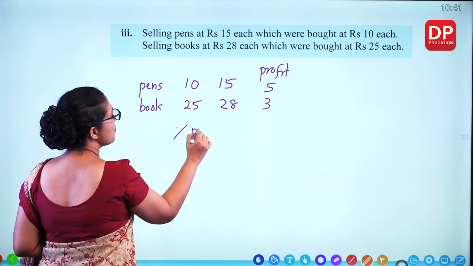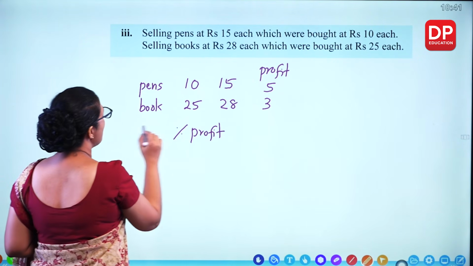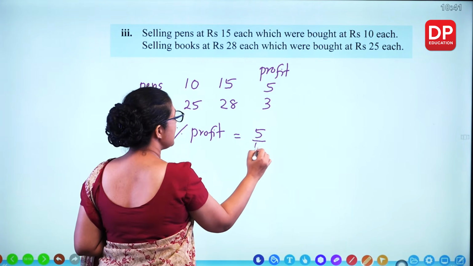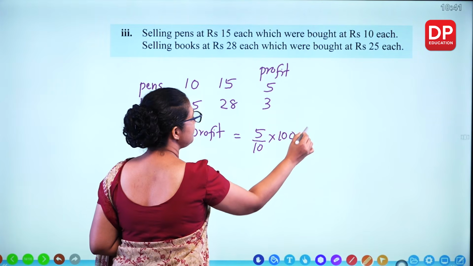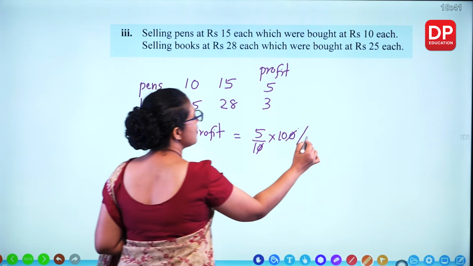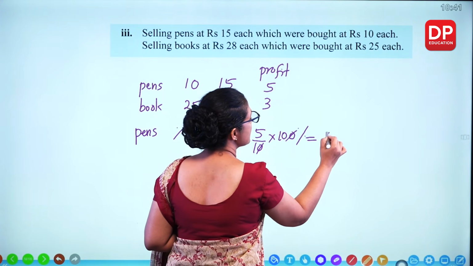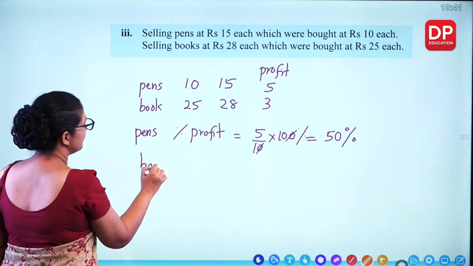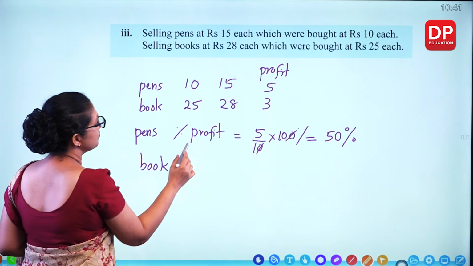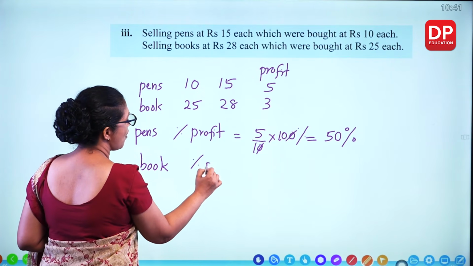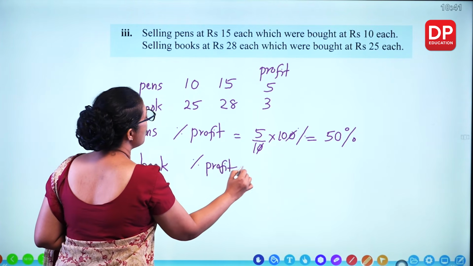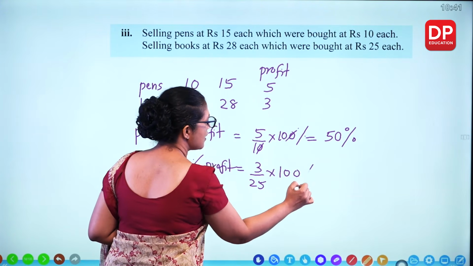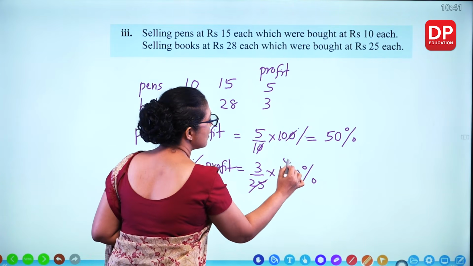So it's better to calculate the percentage profit. So percentage profit for pens is 5 over 10 into 100. You get 50%. And what about for books? Percentage profit is equal to 3 for 25. So what about 100? 12.